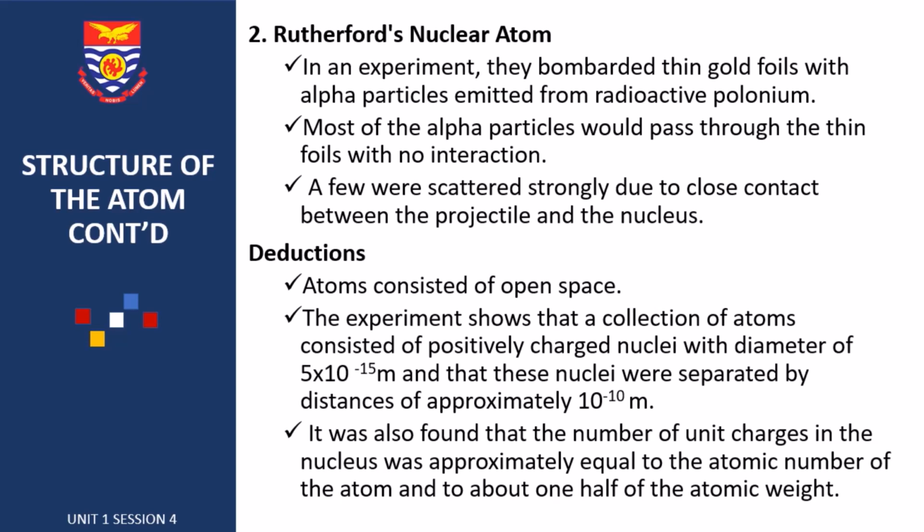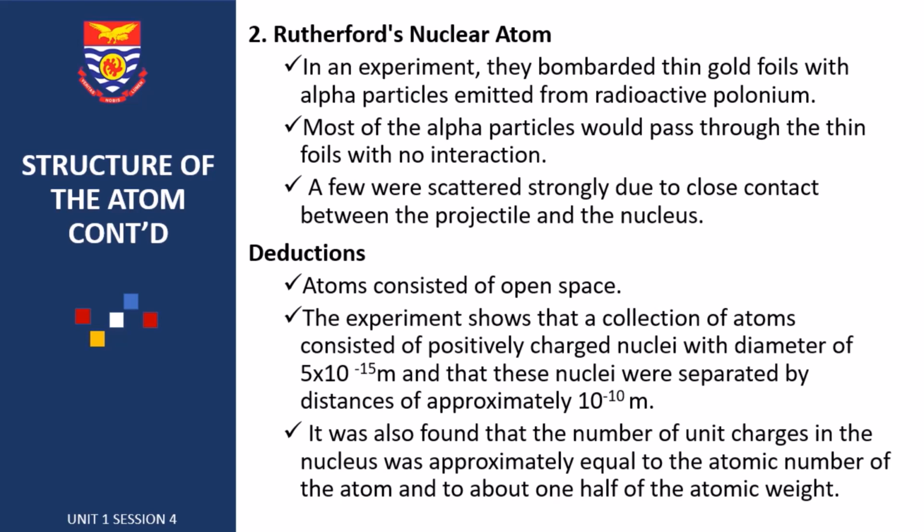Now, because most of the alpha particles went through the thin gold foil without any deflection, Rutherford deduced that the atom is made up of open space. That is, most of the space of the atom is empty. Also, because some of the alpha particles were deflected by small angles, he concluded that the positive charge of the atom is not uniformly distributed.